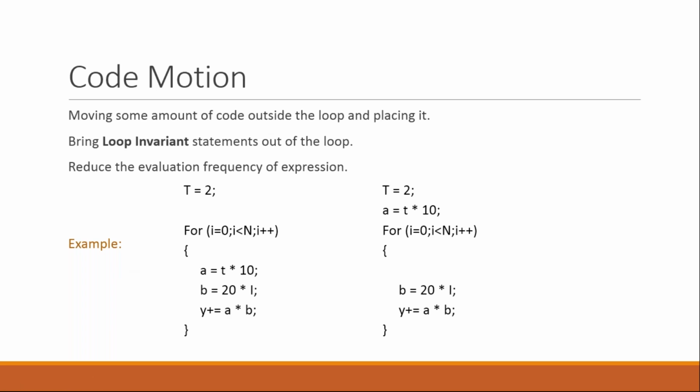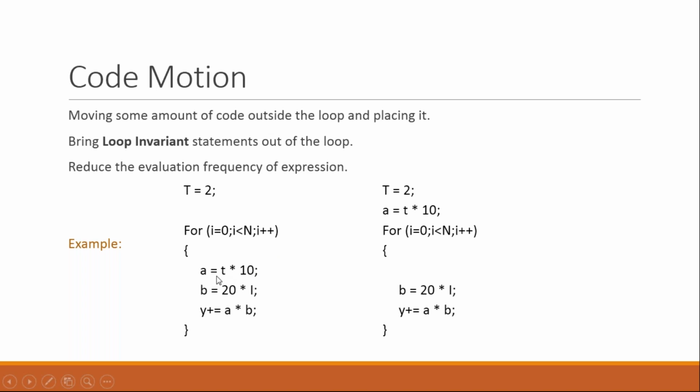Okay, so discuss this code. T equals 2: I'll assign the value 2 to the T variable. Now for loop, I equals 0, I less than n, and I plus plus.